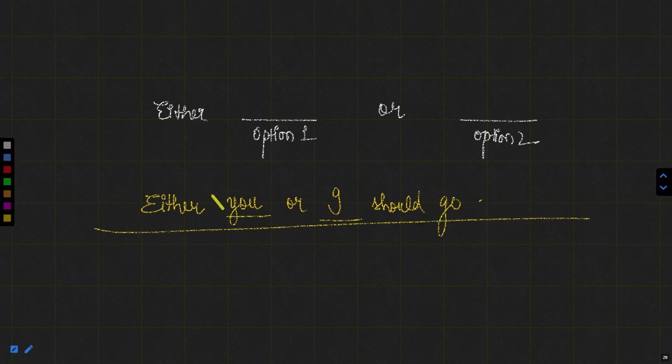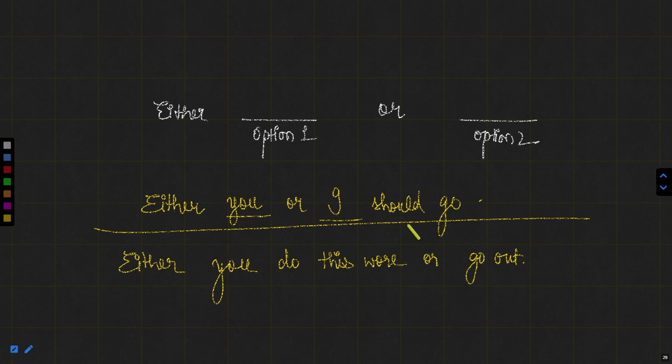But if the sentence is written like this, that either you do this work or go out, suppose the sentence is either you do this work or go out. Now, do you think that this sentence is correct?